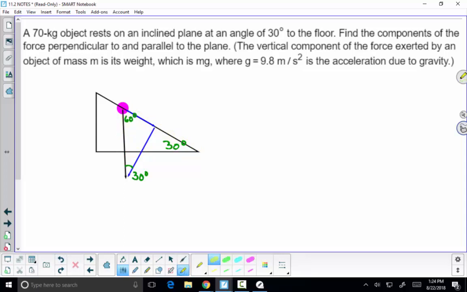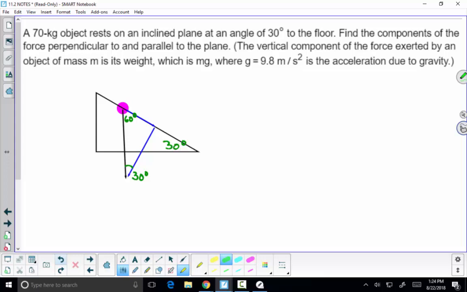Well, then we have a second right triangle, correct? Right here, there's another right triangle. That's 90 degrees, so this must also be 60 and 30. If that's already 60, we know that this one's then 30. In the long run, after you've done about 3 of these, you realize every single time when you draw your force triangle that whatever that angle is, it's going to match that one right there.